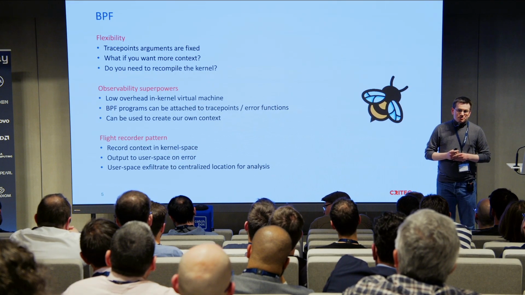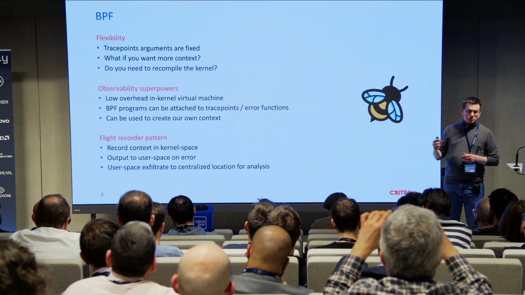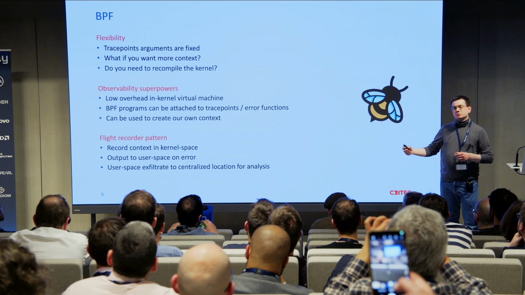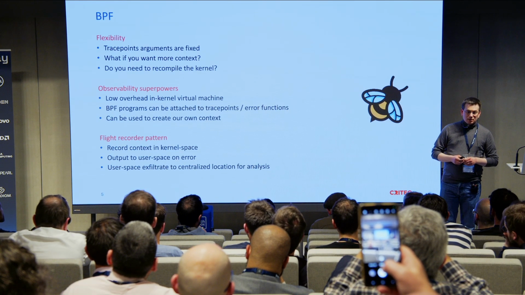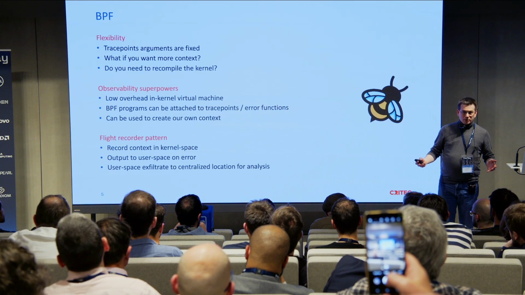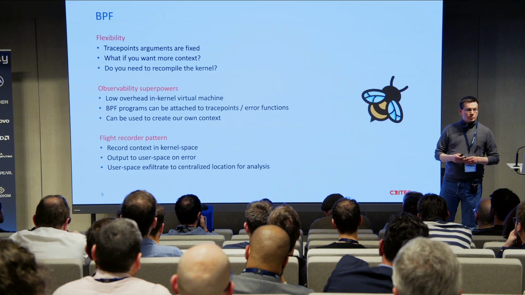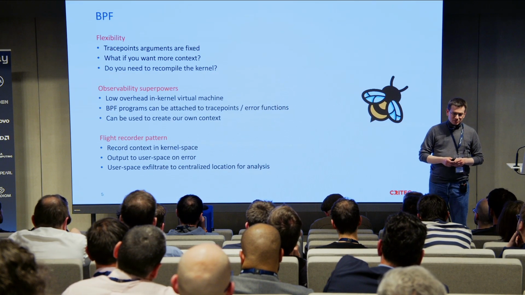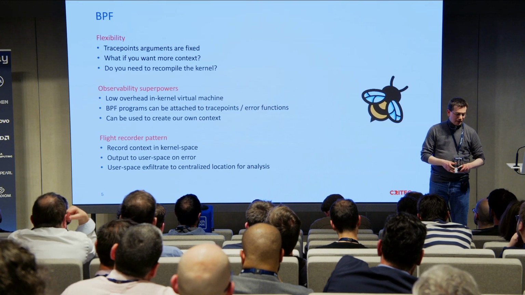And that's how we want to do it at Criteo. But we want a bit more flexibility. The trace point arguments are fixed. So what if you want a bit more context? Do you recompile your kernel, adding arguments to the trace point, and push that to production? Of course not. That's not how you do stuff now.